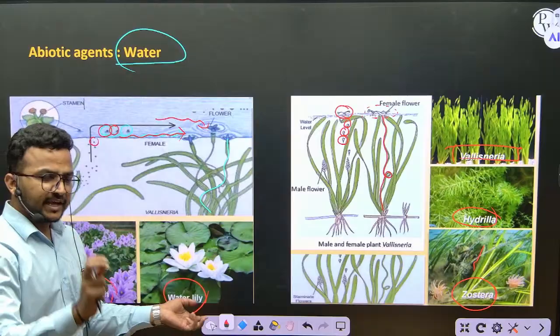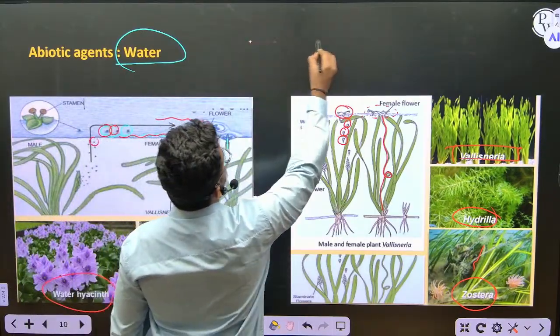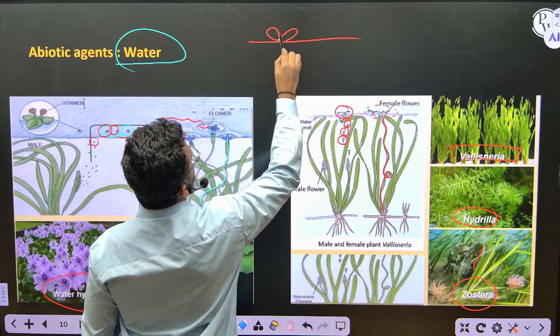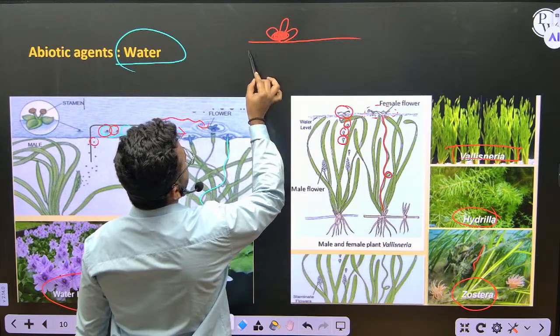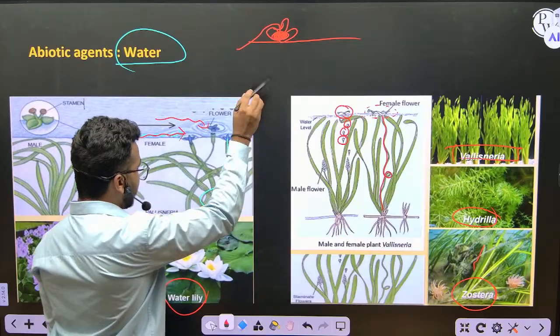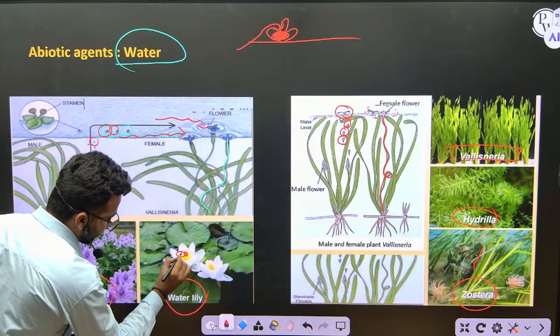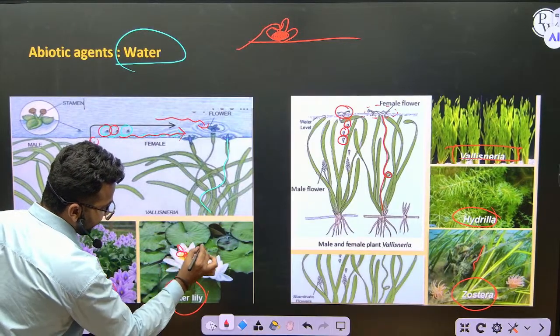See, just think water lily is there. Now it is on the water surface, so the flowers present are on the surface like this. So the water cannot reach there to make pollination. So what does it require? It requires an insect. Some insect should come and sit on this, and take pollen from here to here.